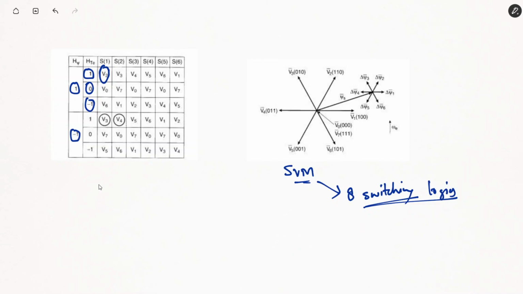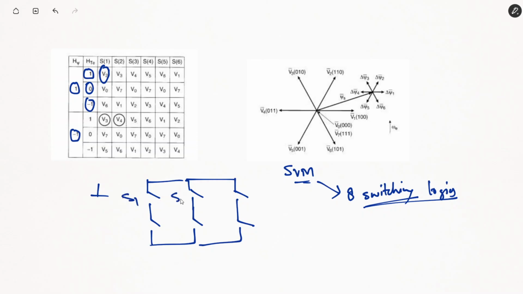For example, we have a three-phase inverter with switches S1, S3, S5, S2, S6, S4.